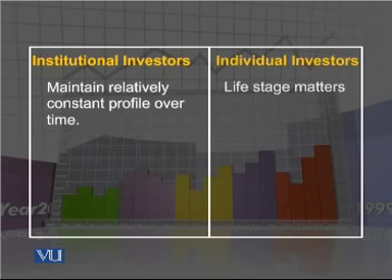If you look at individual and institutional investors, the institutional investors maintain a relatively constant profile over time because they can afford to do that. On the other hand, the life stage matters for an individual. Whether he is young, middle-aged, or a senior citizen will make an impact, because they're going to have a range of investors.